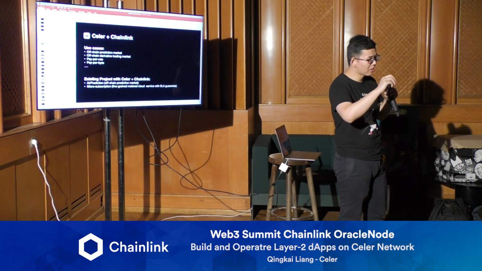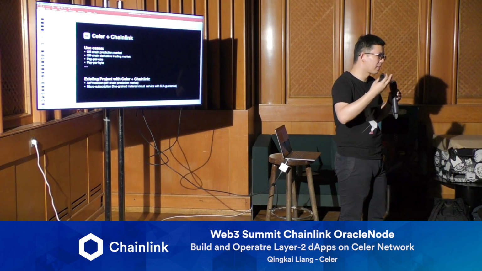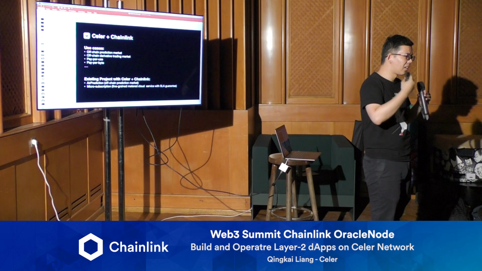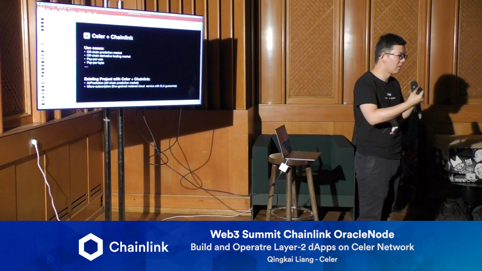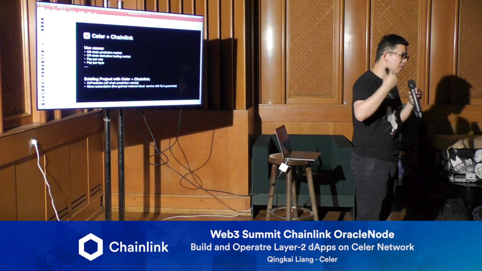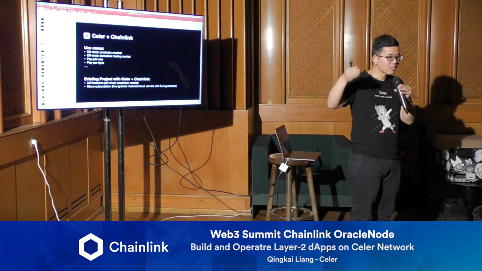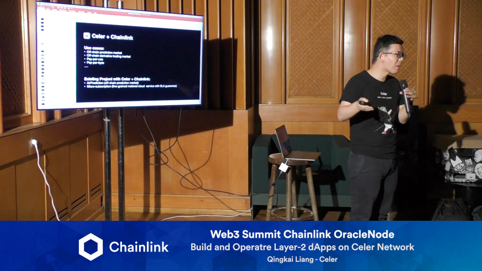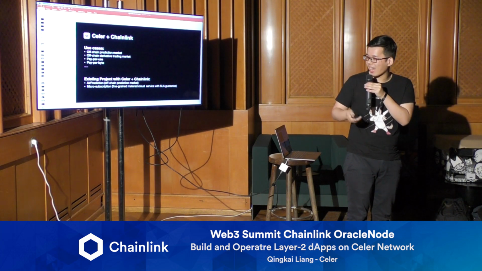But if you experience some downtime, and this downtime can be detected and provided by the Chainlink Oracle, the cloud hosting service will pay back some compensation for not achieving this SLA guarantee. So these are the two applications we have built. Actually, the third-party developer has been building using the Celer SDK and also Chainlink.